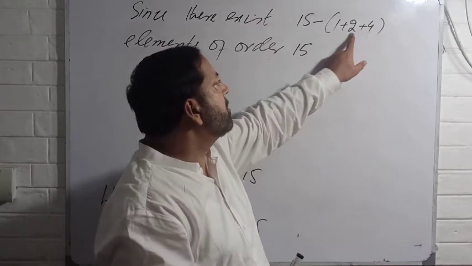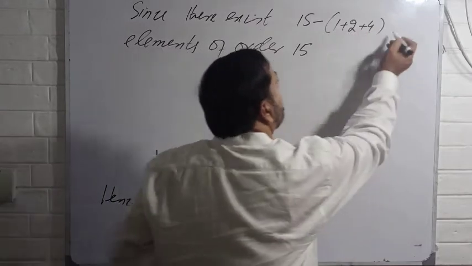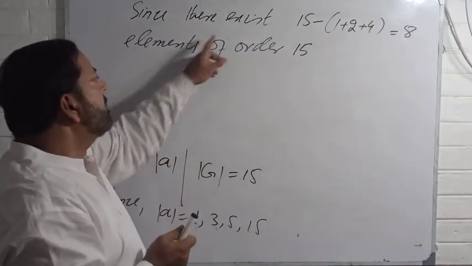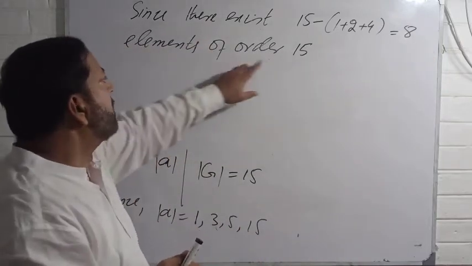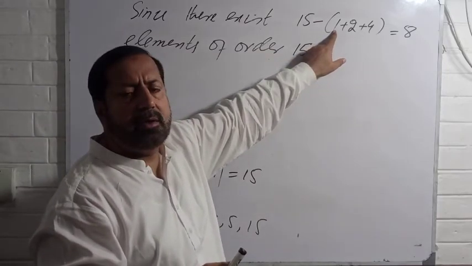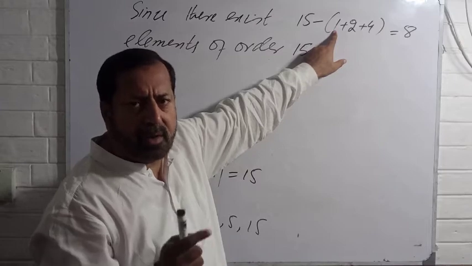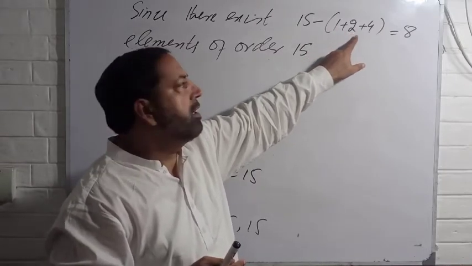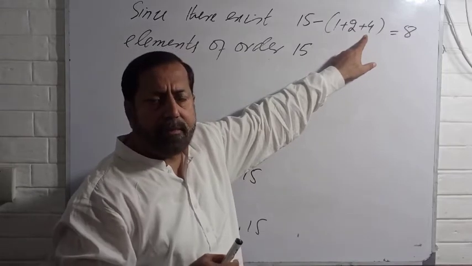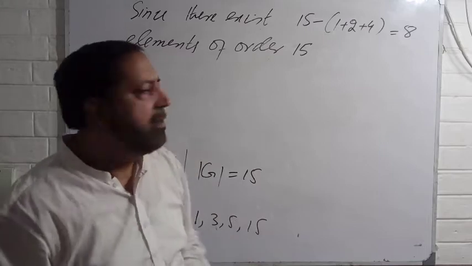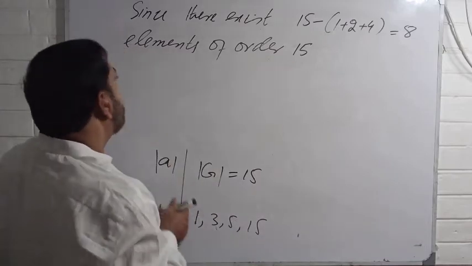So 4 plus 2, 6, 7, and 15 minus 7 is equal to 8. Since there exist 8 elements of order 15, because these are the identity of order 1, the 2 elements of order 3 and 4 elements of order 5. So the rest of the elements must be of order 15, right?